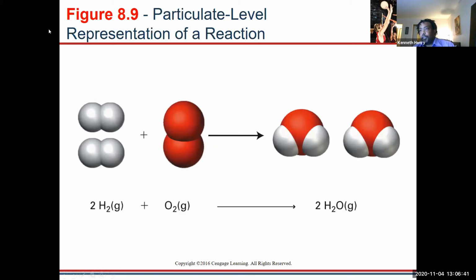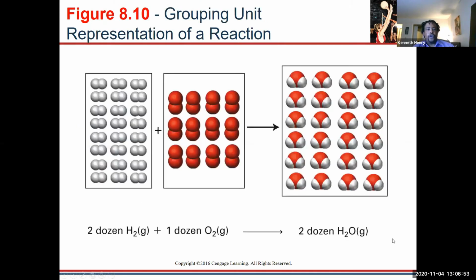This is basically showing you the visual of it. Here we have 2 hydrogen gas plus 1 oxygen gas is going to yield 2 water gas. This is actually showing you the macro level. Instead of using a mole, because a mole would be kind of hard to show on the screen, could you imagine 6.022 times 10 to the 23rd molecules of hydrogen gas on the screen?